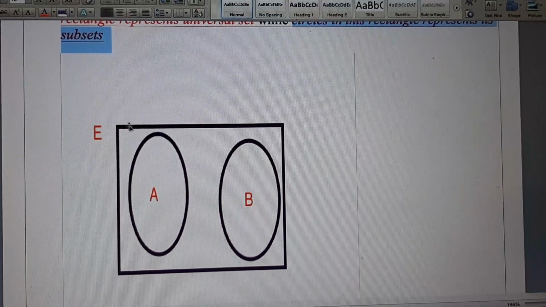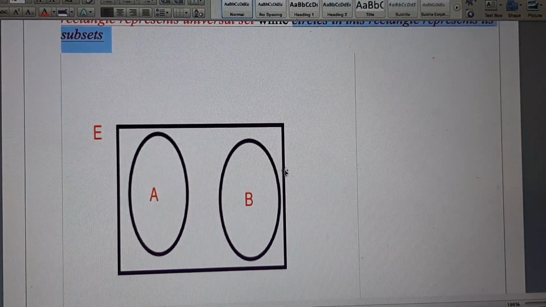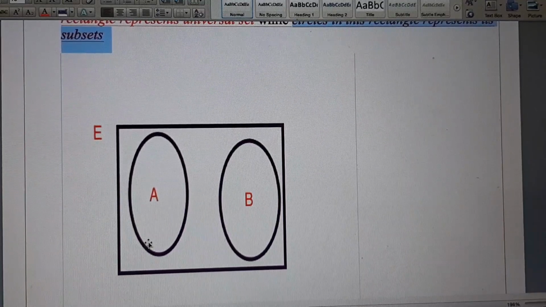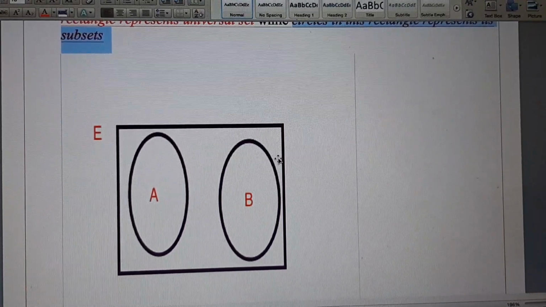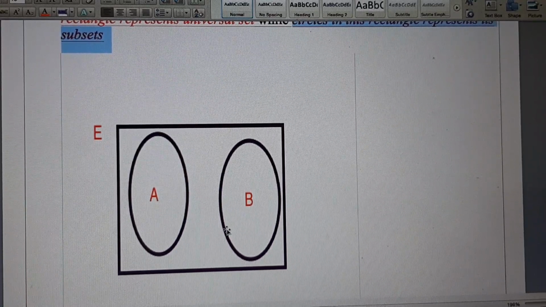This rectangle represents a universal set, a set that contains all the subsets in itself, while these circles, circle A and circle B, both represent subsets.